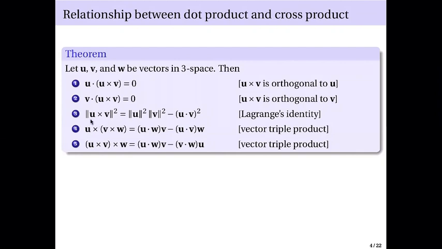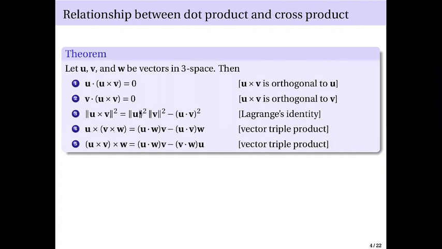Next property: you get the norm squared of U cross V. You can calculate this by doing the right-hand side: norm of U squared times norm of V squared minus U dot V squared. Remember, a norm is a number, a scalar.